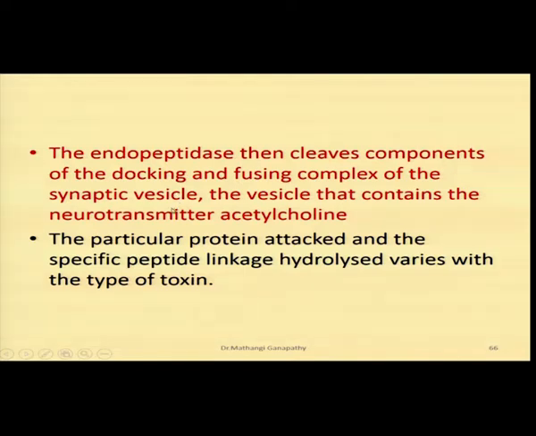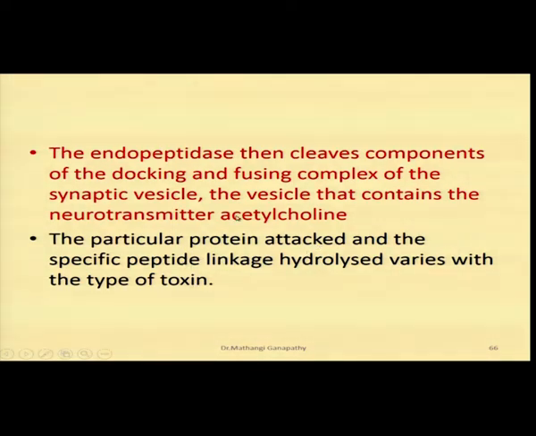So when this is lost, the synaptic vesicle which contains the neurotransmitter acetylcholine cannot function. Only if this is active will the acetylcholine get released into the synaptic cleft, resulting in signal transmission.